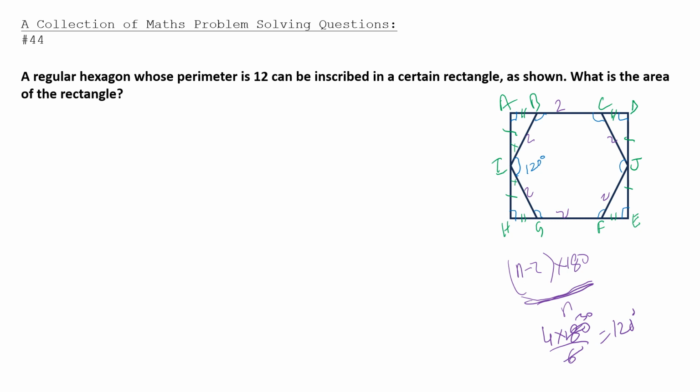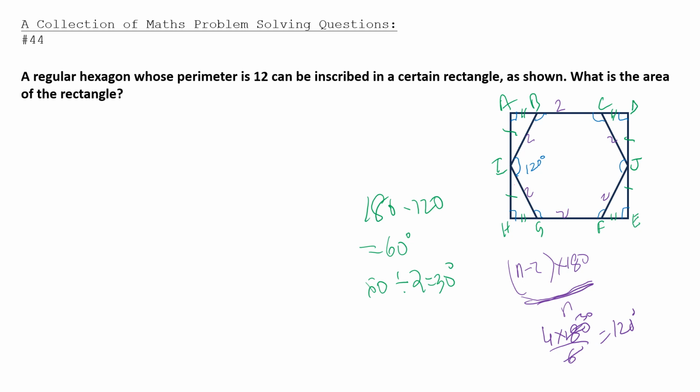The next thing we are going to do is to find out the angles marked X. And angles marked X I can find using the fact that AIH is a straight line, 180 degrees minus 120, 60 degrees, and 60 divided by 2 is 30 degrees.